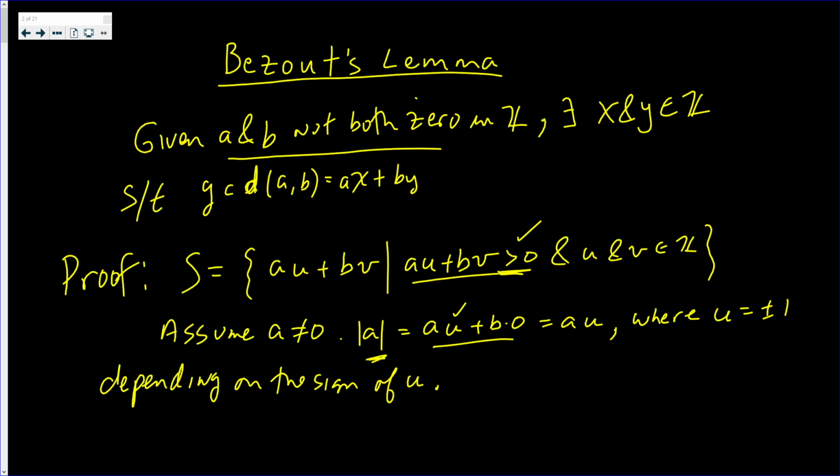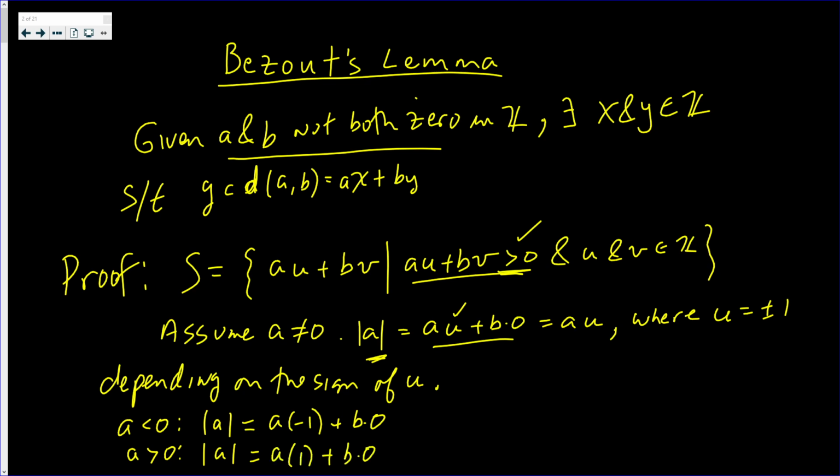If a is less than 0, then the absolute value of a is a times negative 1 plus b times 0. If a is bigger than 0, then the absolute value of a is a times 1 plus b times 0.